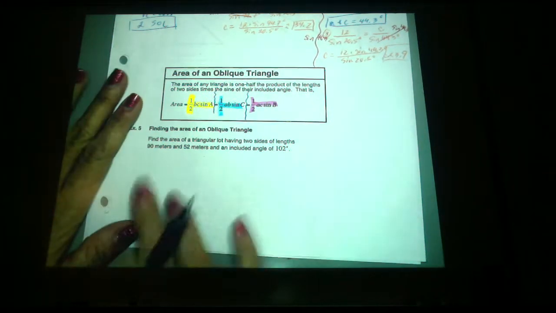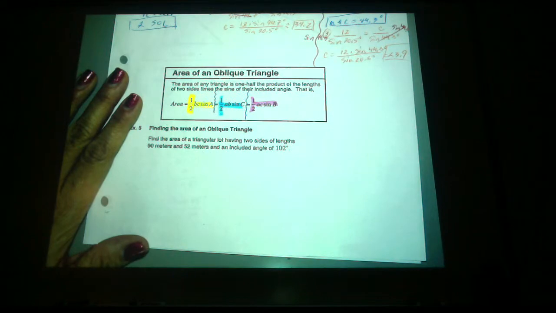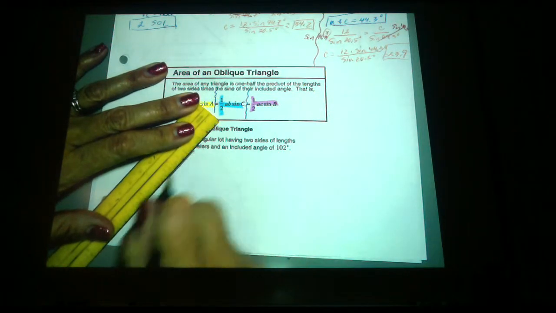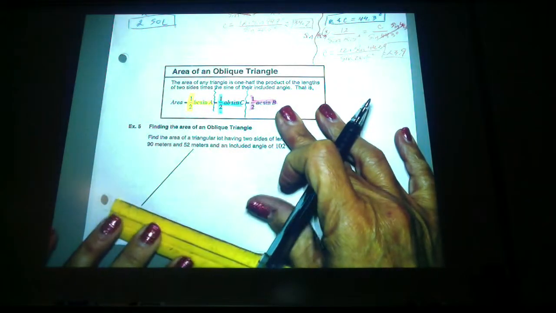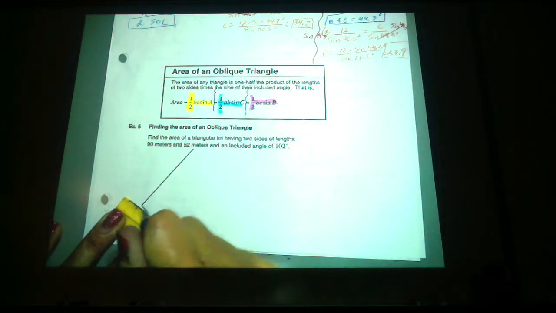Well, let's go ahead and look at the problem here. It says find the area of a triangular lot. We have a triangular lot having 2 sides of lengths 90 meters and 52 meters. So I have 90 meters, and then I have 52 meters.